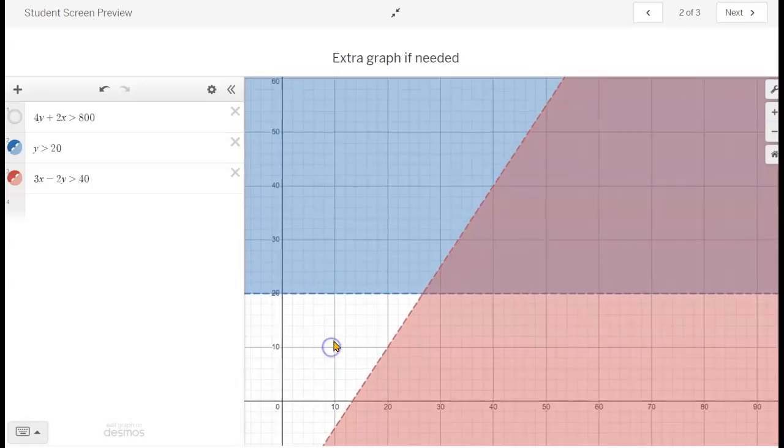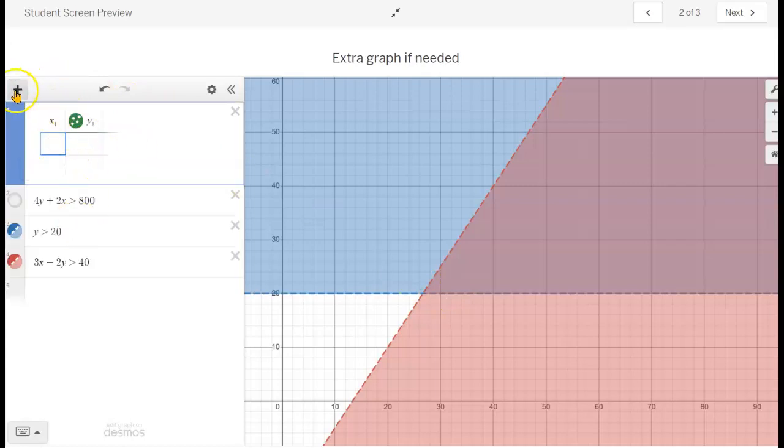If these were our equations, we would come through here and we would see that anything in this shaded region works. If you want a table, you can hit this plus button and hit table, and that'll get a table up for you. So I'm going to pick a test point.